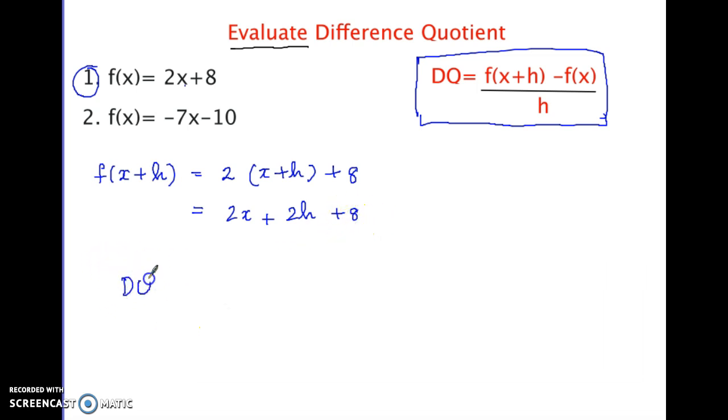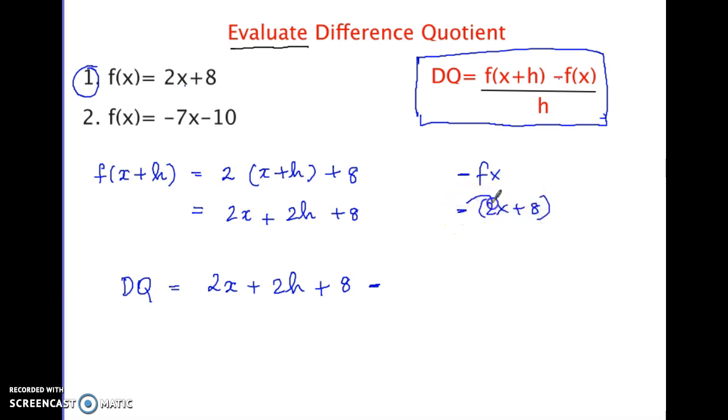So the difference quotient is equal to, instead of f of x plus h, I'm going to plug in what I simplified for that, 2x plus 2h plus 8. That's what I evaluated for f of x plus h. Minus f of x. Now f of x is 2x plus 8, so when I do minus f of x, I have to do minus (2x plus 8).